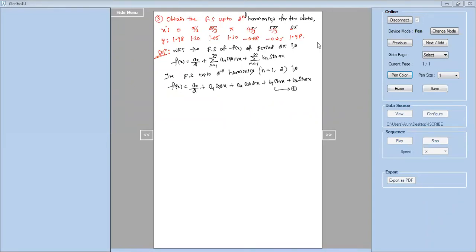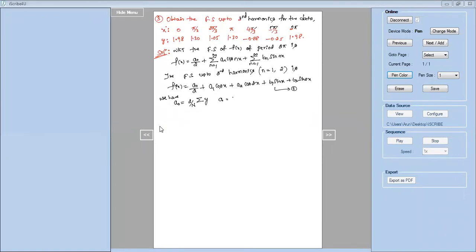So just a minute, guys. Okay, so this is the Fourier series expansion up to second harmonics. With this, a naught, a1, a2, b1, b2 are the Fourier coefficients which can be calculated by the formula. We have a naught equals, the formula for a naught is 2 by cap letter N into summation y.